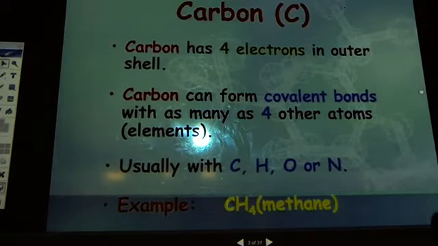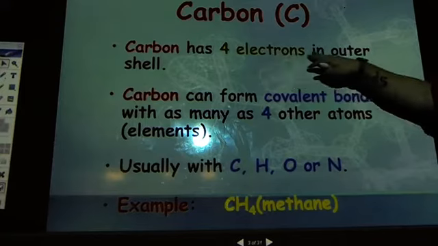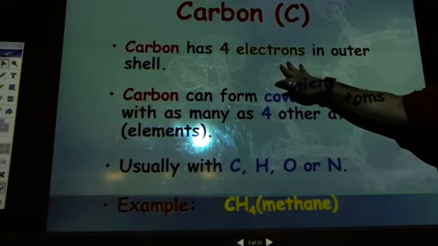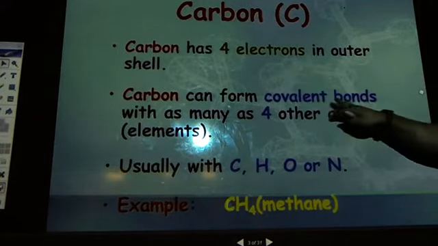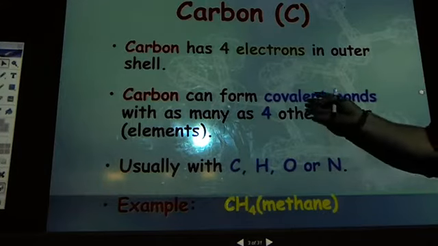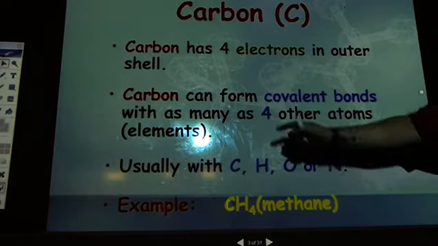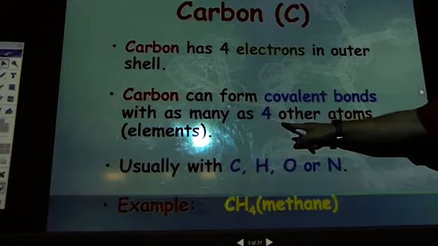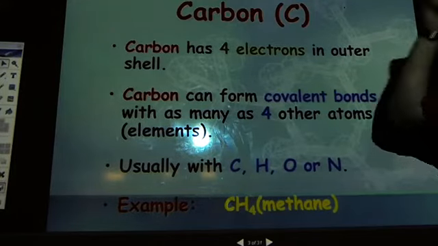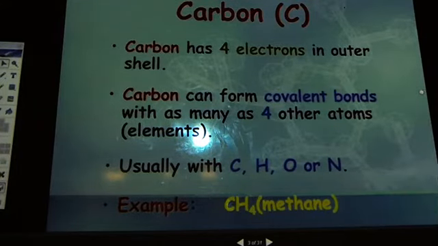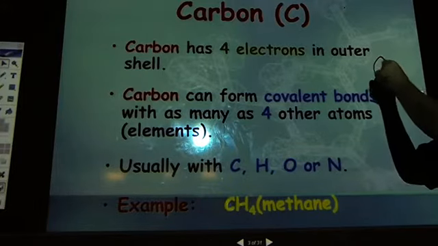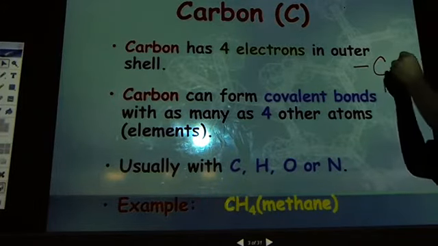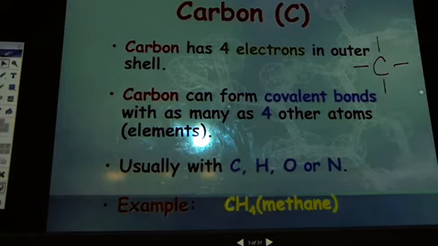Now, one of the cool things about carbon is that it has 4 electrons in the outer shell. That means absolutely nothing to me. It can form covalent bonds. I don't remember what a covalent bond is. But here's the important part. It can attach to 4 other atoms. That I understand. It looks like this. Here's my carbon, and it can attach to 4 other atoms.